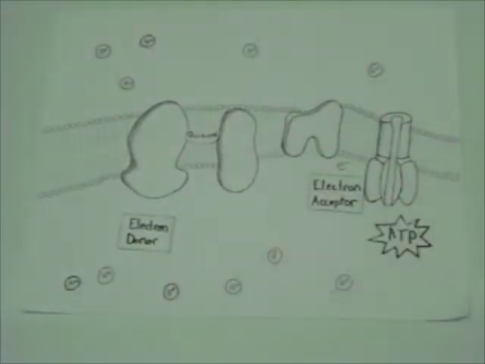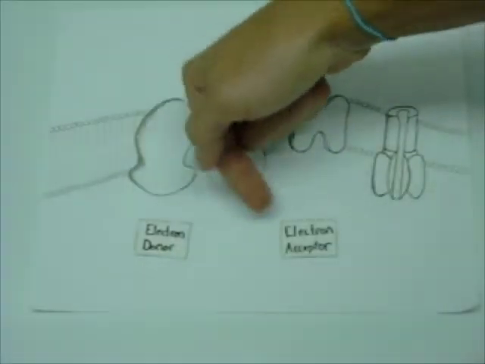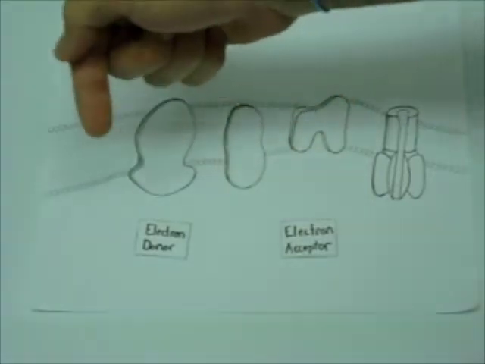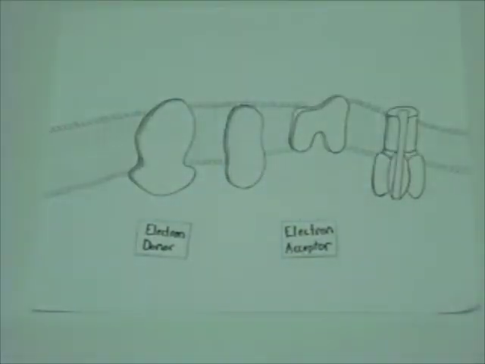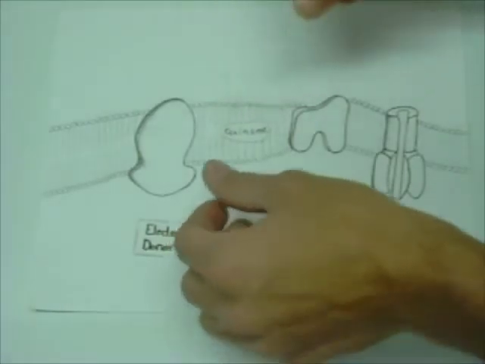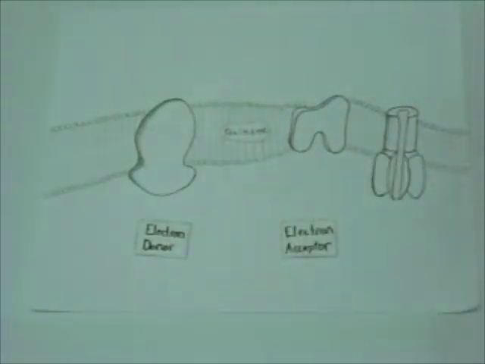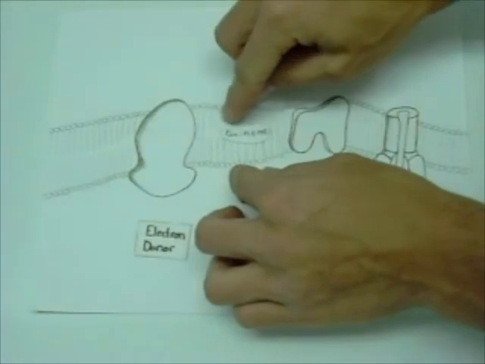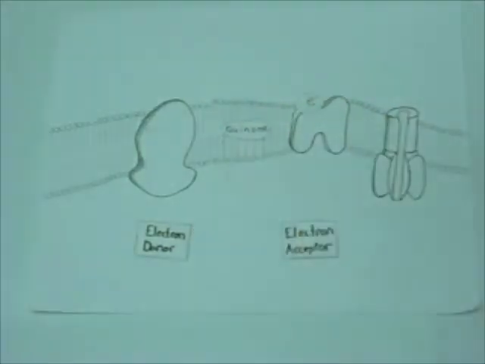A couple of variations can occur in oxidative phosphorylation. There can be different electron acceptors and different electron donors, but the process is basically the same. Some cells don't have a cytochrome bc complex, but in this case, the electrons just move from quinone to the oxidase. Oxidative phosphorylation can also be affected by the amount of oxygen present.